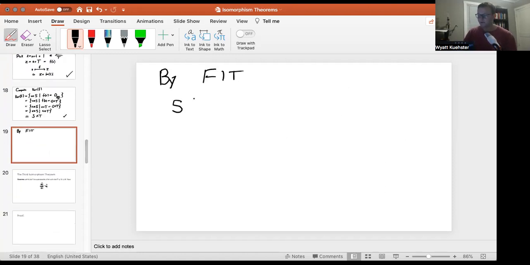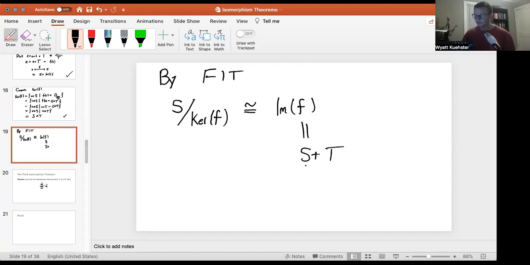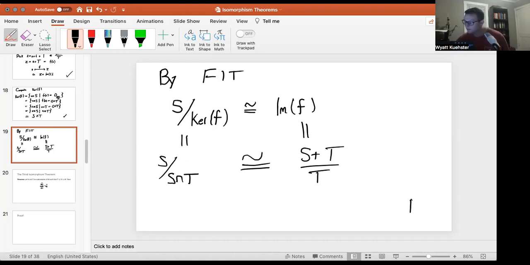So S divided by the kernel of F is isomorphic to the image of F. But we computed the image of F. The image of F was equal to the whole codomain because we showed that this map was surjective. And then we computed the kernel of F, and the kernel of F was the intersection of S and T. So we showed this isomorphism. That's what we showed. So we're done.